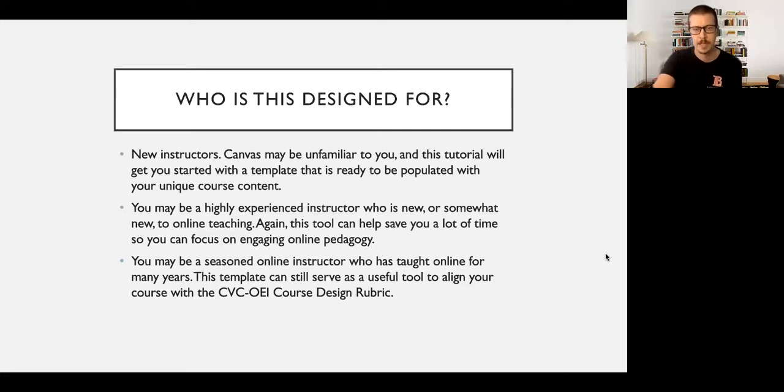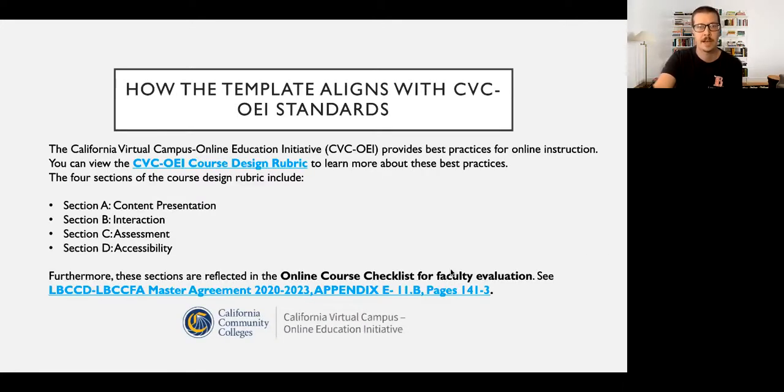About that rubric, let me clarify what that means. That stands for the California Virtual Campus Online Education Initiative. This is a statewide program through the Chancellor's Office for all California community colleges. And the CVC-OEI course design rubric provides best practices for online courses.